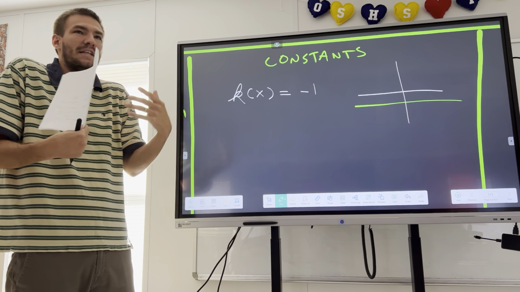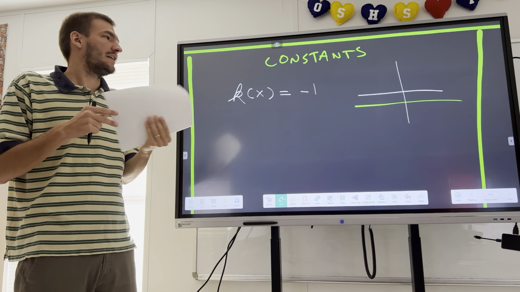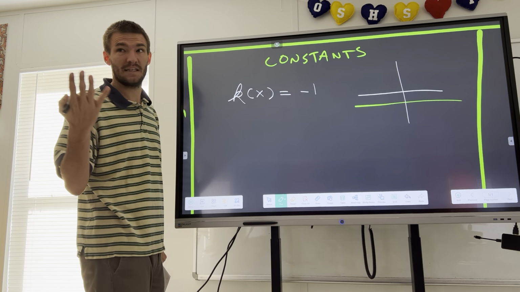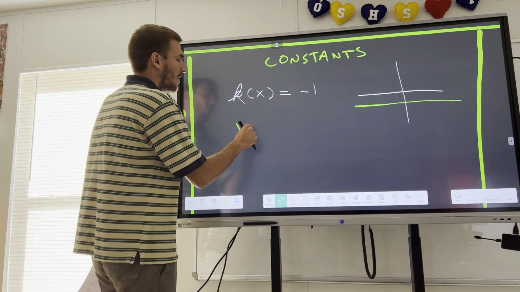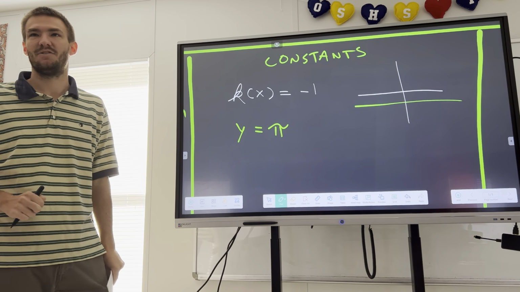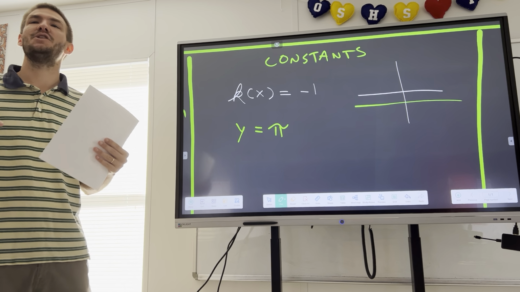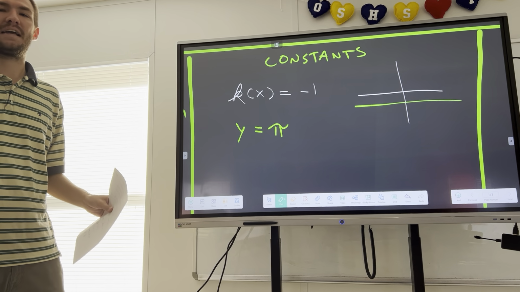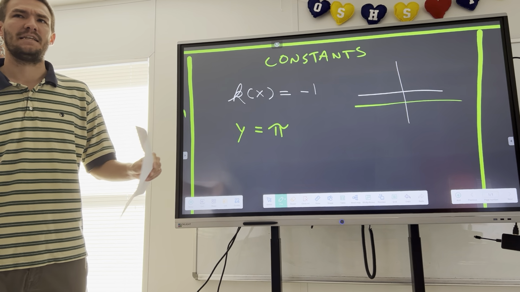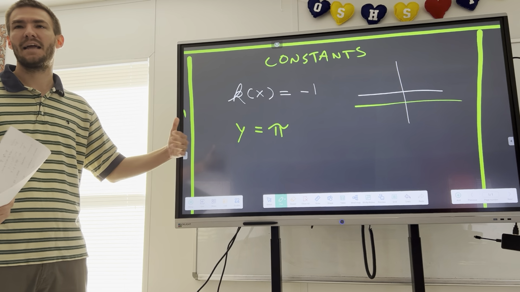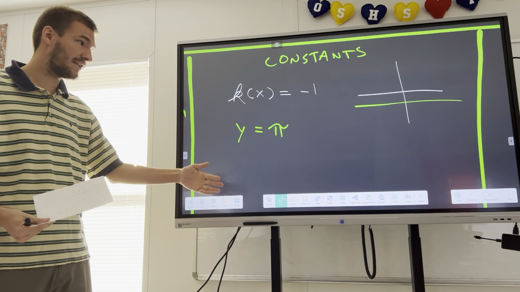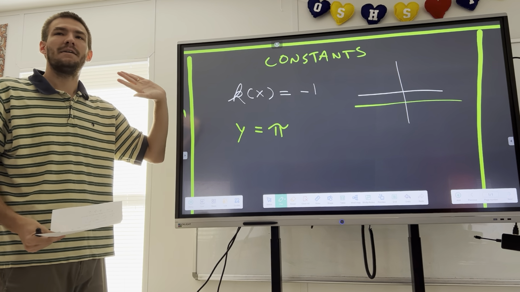So it makes sense, right? It's not just like a funky trick. It actually makes sense why constants are 0. So you'll see a lot of times a question like this. Y equals pi. And they'll try to give you pi. And they'll look for an amateur calculus mathematician to say, ooh, pi is super fancy. The reality is pi is just a number. It's a strange one, it's an irrational one, it's a useful one, but it's just a number.